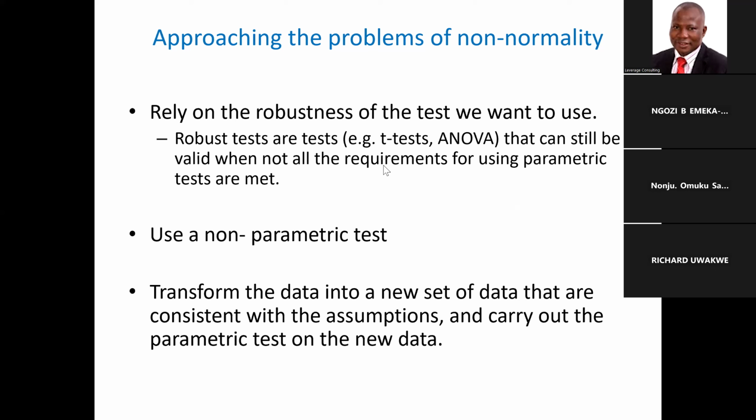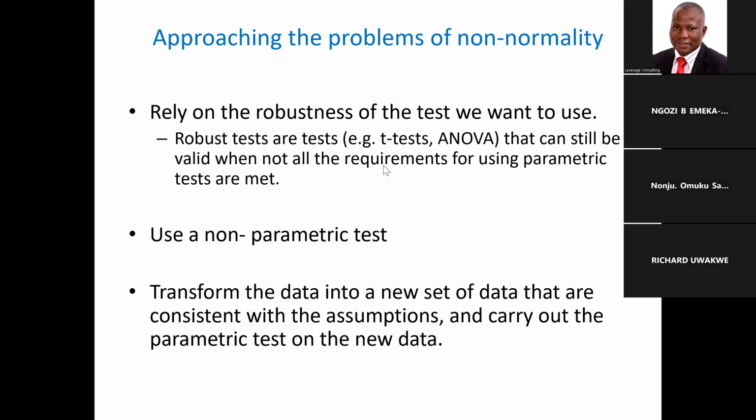A robust test is valid when not all the conditions for using parametric tests are met, so you can still go ahead and use your t-test or ANOVA, because they are robust tests.